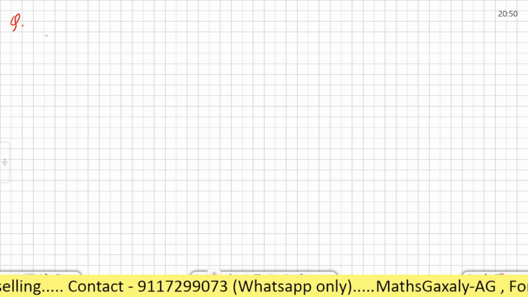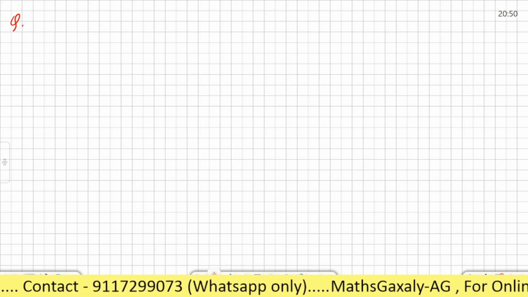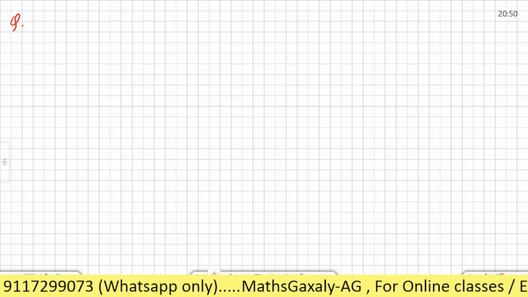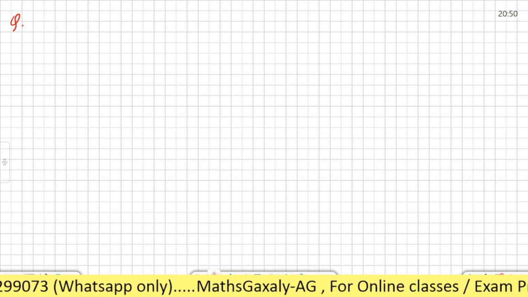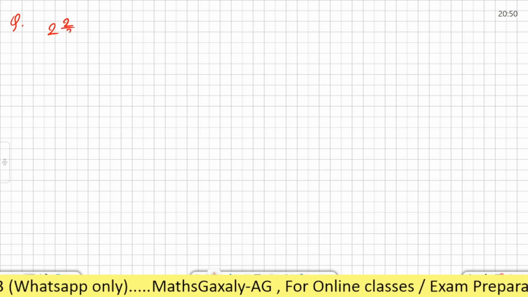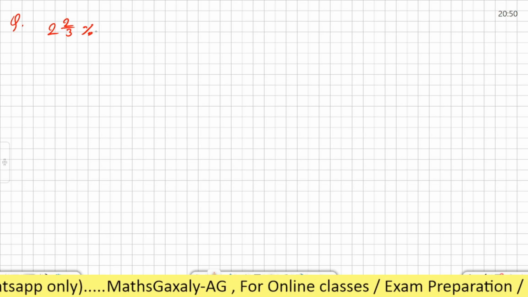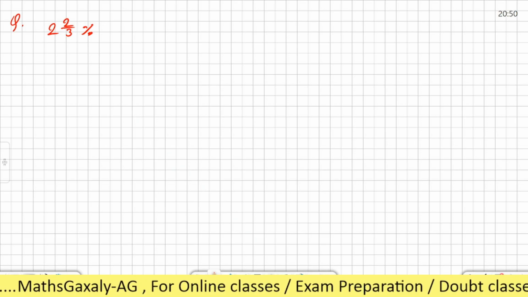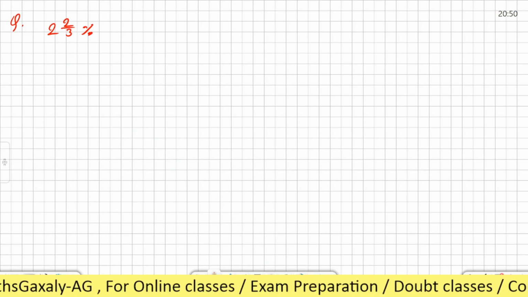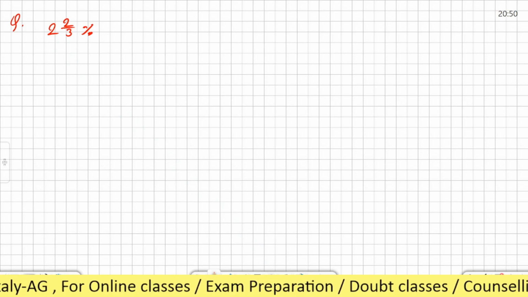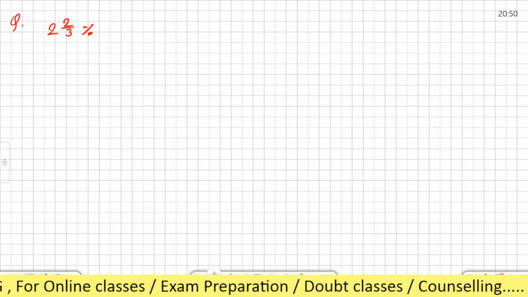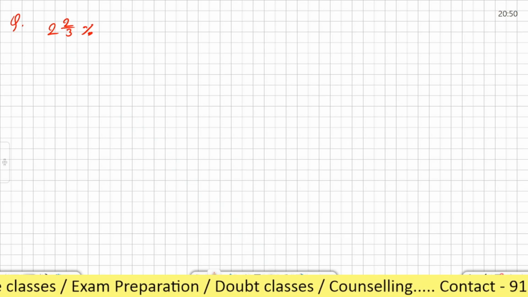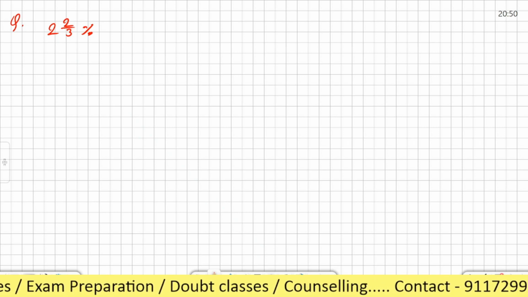If the monthly salary of an employee is increased by 2 whole 2 by 3%, he gets 72 rupees more. His monthly salary is.